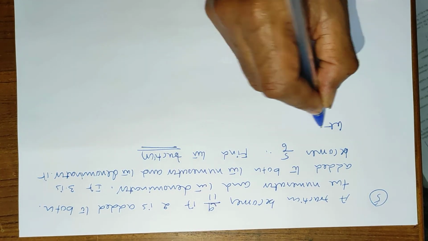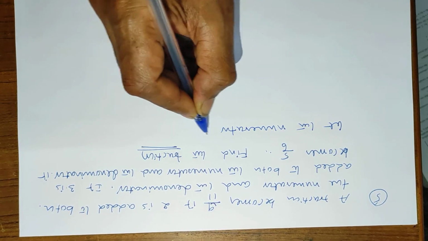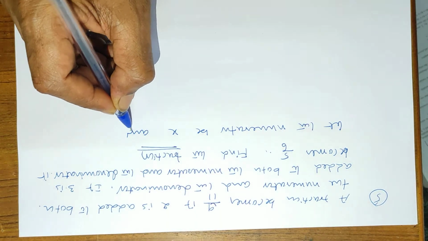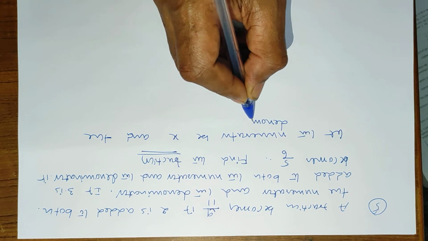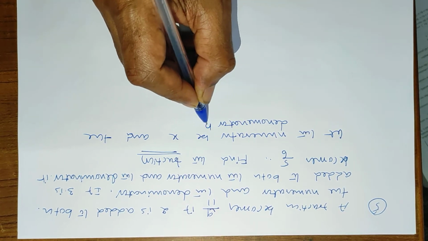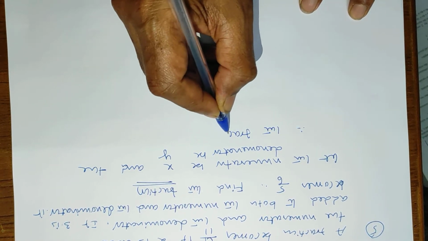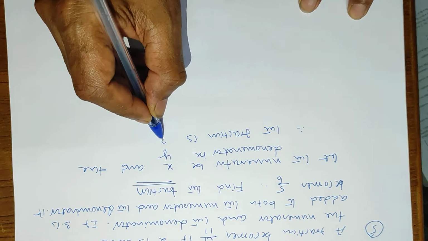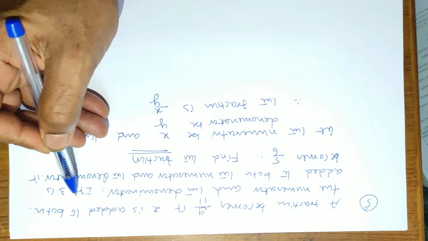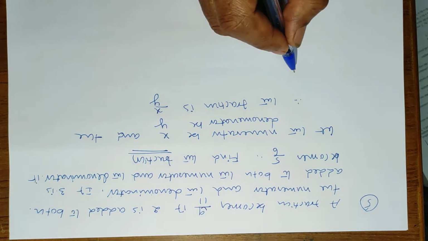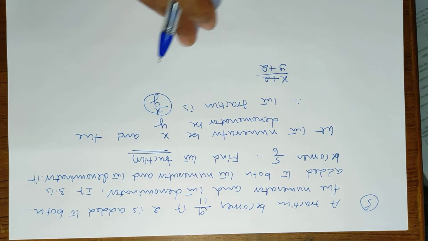So, let the numerator be x and the denominator be y. Therefore, the fraction is x by y. Let me add 2 to both numerator and denominator. So x plus 2 by y plus 2 is the required fraction.